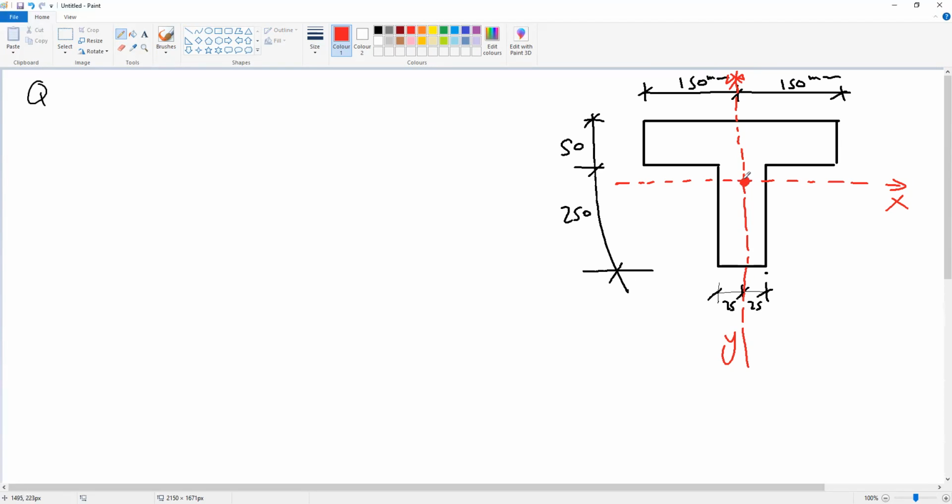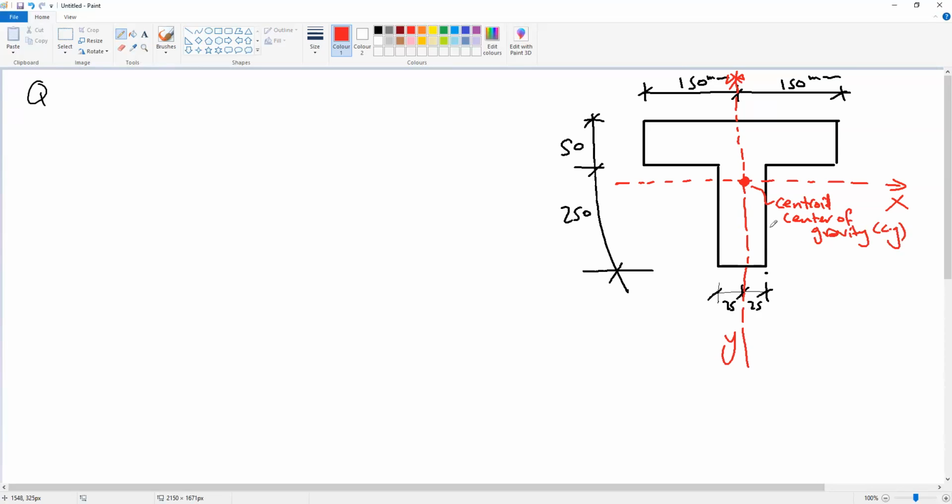The intersection of the y-axis and x-axis is called the centroid or center of gravity, CG. Okay, so the centroid or center of gravity is the location where the mass of this cross section is effective.